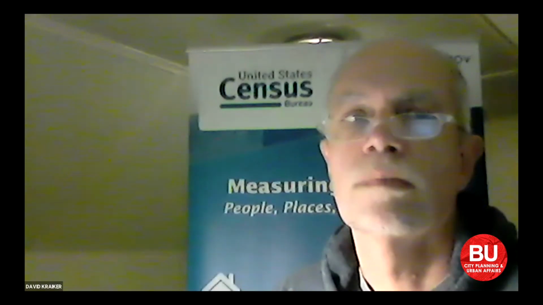He works in data dissemination, teaching and instructing clients in how to download and use census data. Previously, he worked as a geographer for the Census Bureau, as well as a cartographer at Hammond Maps in GeoNex. He attended Clark University and Rutgers in Newark. Thank you, David. The floor is yours.